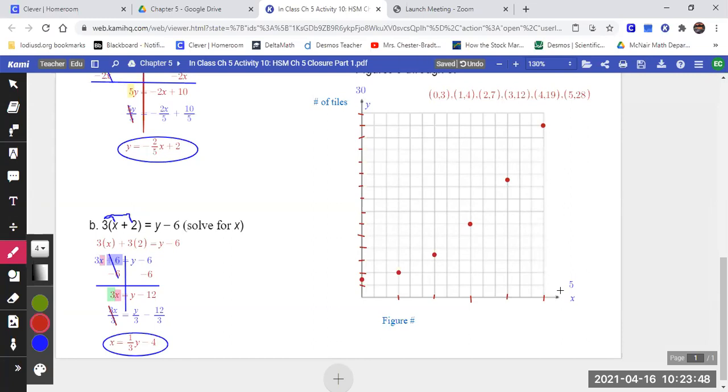All right. Will I connect these with a line? Am I supposed to connect these with a line?